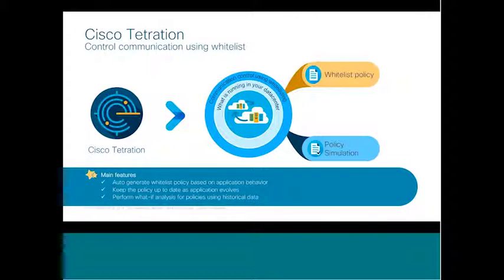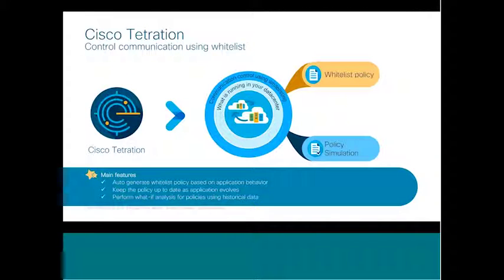So if the application starts to communicate outside of the policy, anything that hits the catch-all policy is, from the Tetration standpoint, a policy violation. So that is also possible. We provide that flexibility so customers can implement that whitelist-based model in a safe and much more confident way, right? So that is the second aspect that Tetration brings in, the communication control using whitelisting.